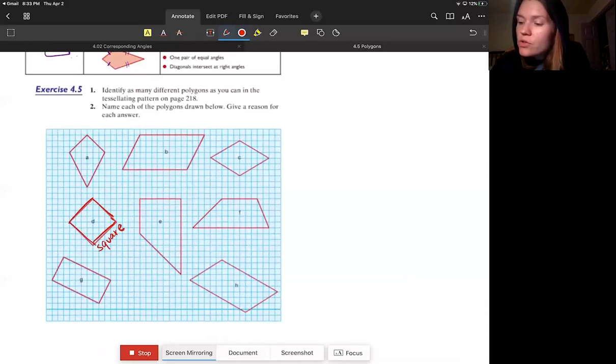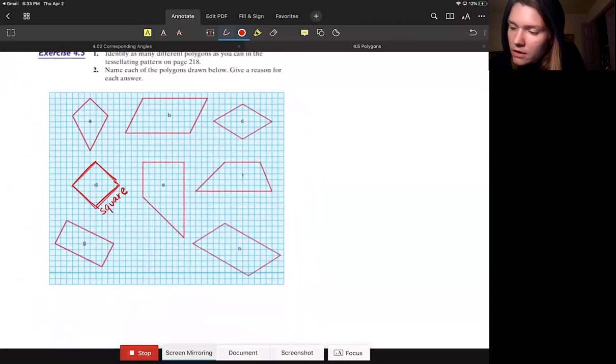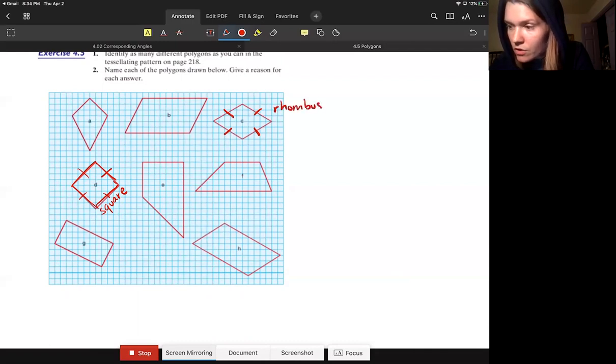And then also, let's look for something that has four sides that are all equivalent in length. So when I look at those, I see here, this looks the same as this, this, and this. So this one is almost like a square that's been flattened like that. And that's our rhombus.